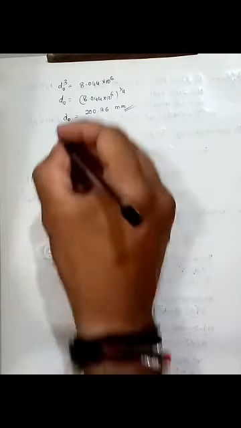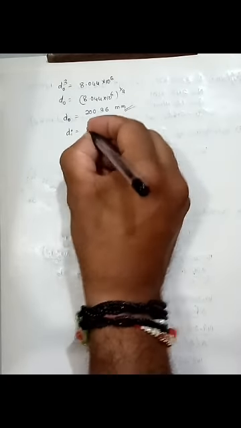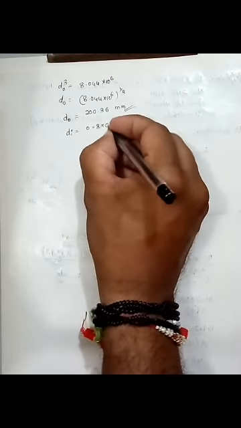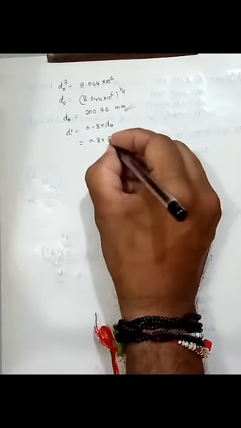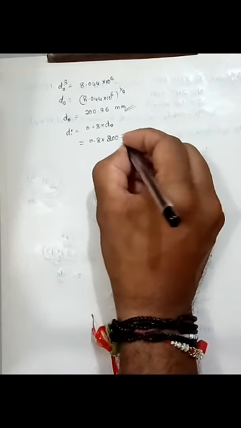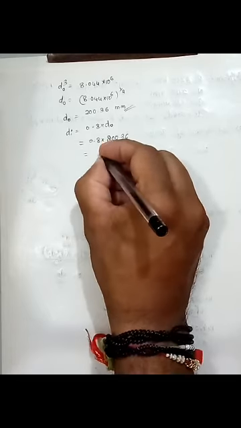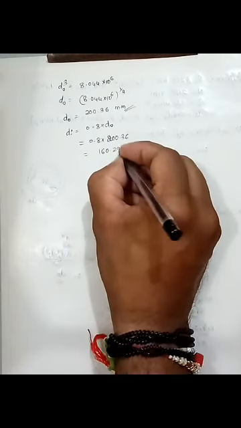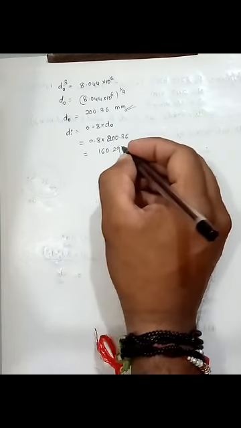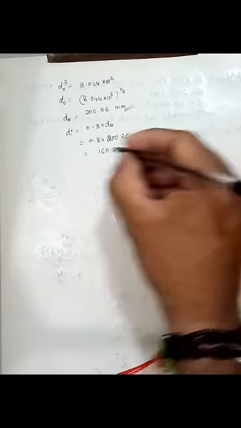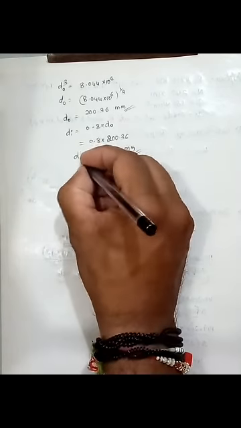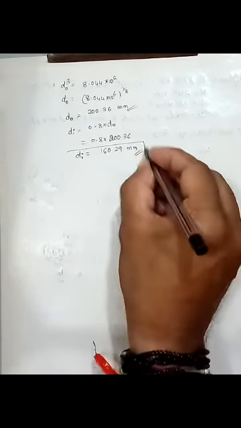So inner dia di is equal to 0.8 times do, so 0.8 times 200.36, that equals 160.29 mm. So this is di and this is do.